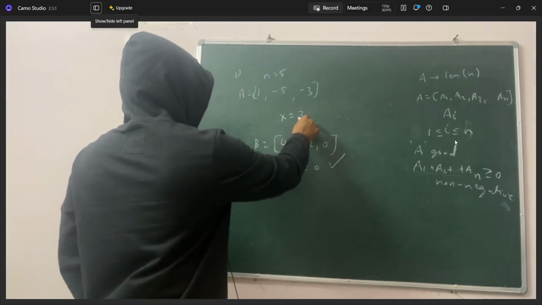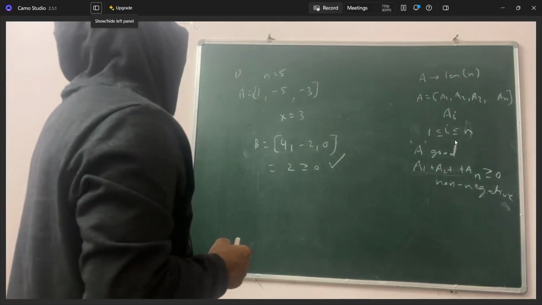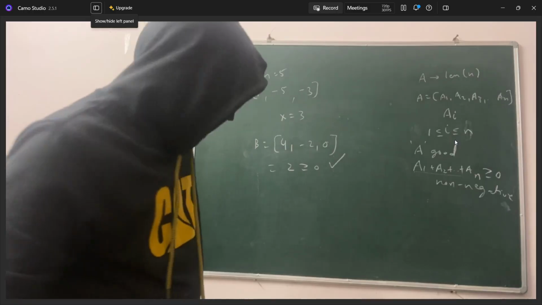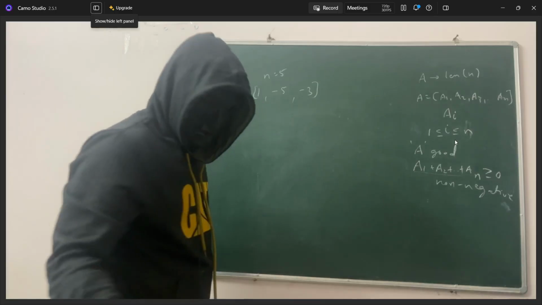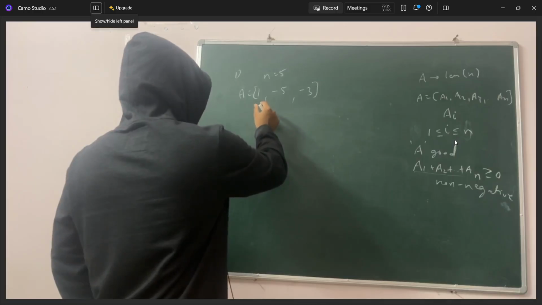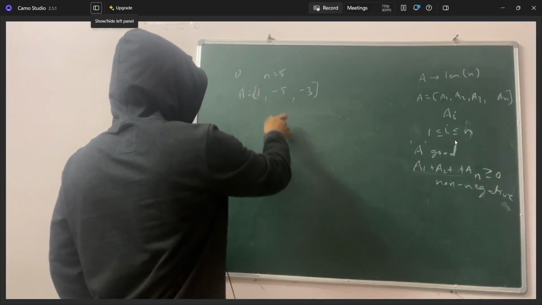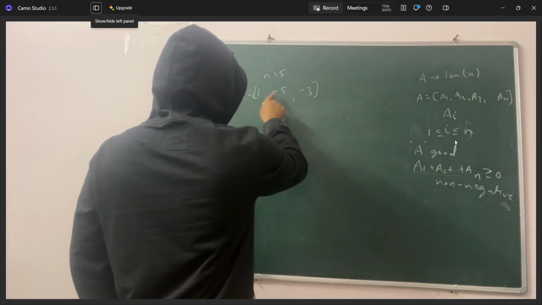So how do you find that 3 is the answer? Let me directly go to the solution. One thing you'll have to observe is that whatever value of x you're adding, it will be added to everyone.